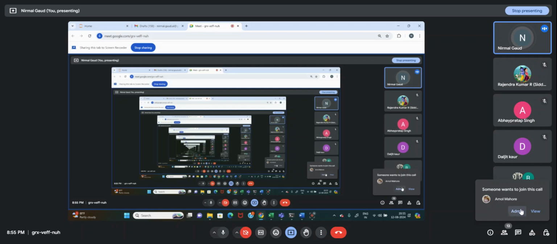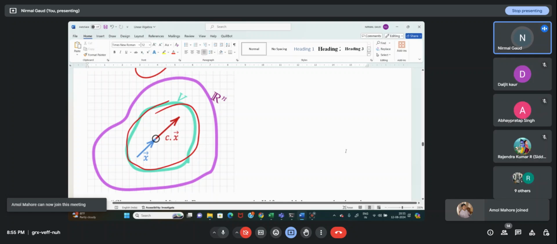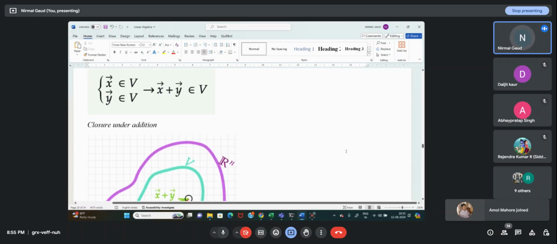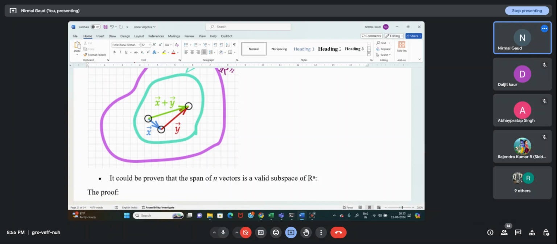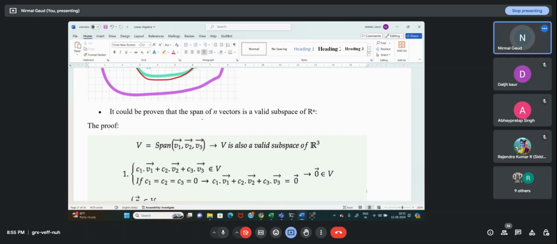Under addition, same thing: this plus this is the answer, and it should again come under the same subspace only, not going beyond. These properties need to be followed. So it's again kind of a span only. We are creating a space from a span. That is a subspace.